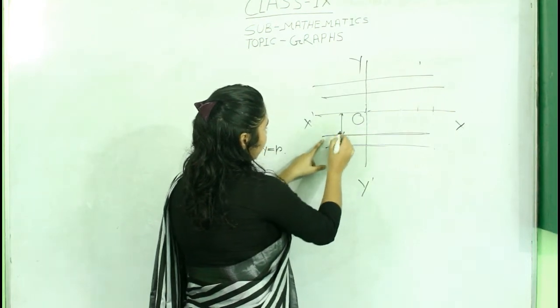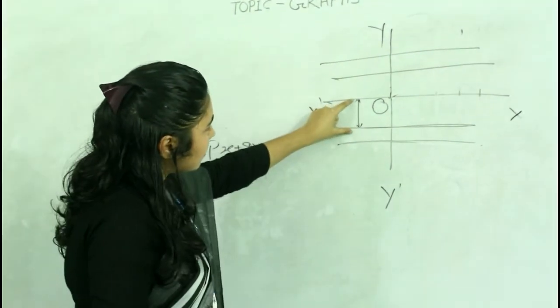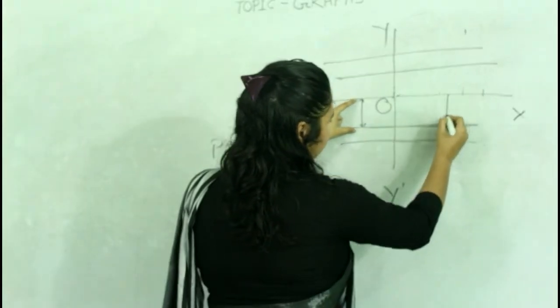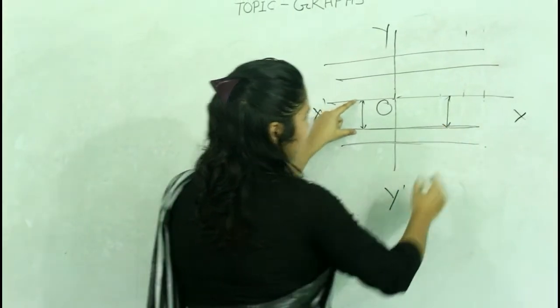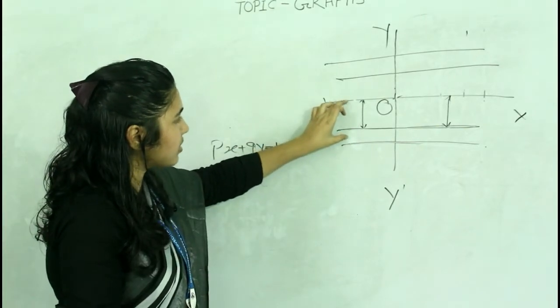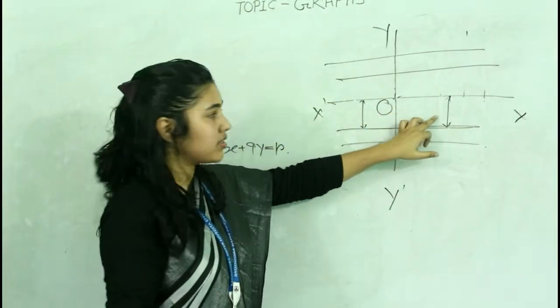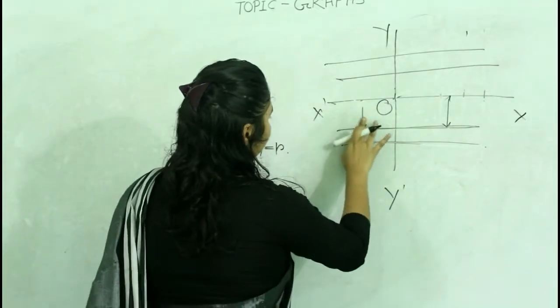Suppose for this straight line, here the distance and here the distance is the same, right? That means the distance from the x axis is remaining the same.